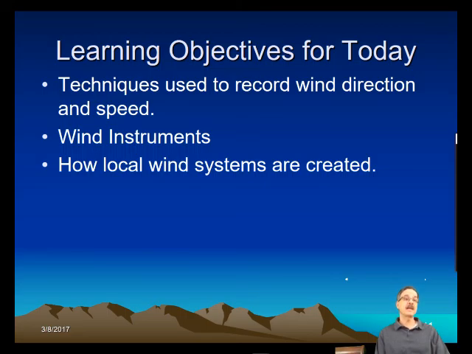And I'm also hopeful that you have a better understanding of the local wind systems and how they're created. Basically, the main cause is differential surface heating. One area will absorb more energy than the other, and that will become warmer than the other areas and will create thermal lows and thermal highs.